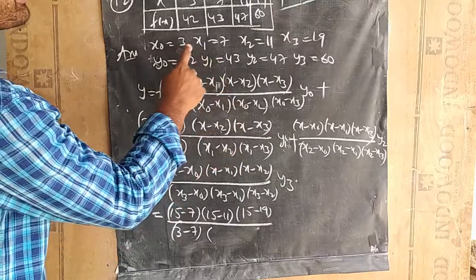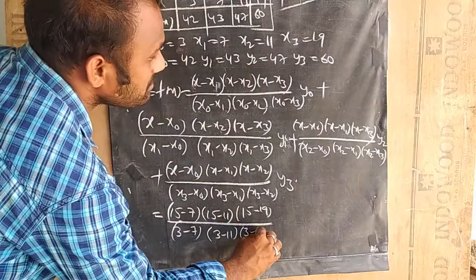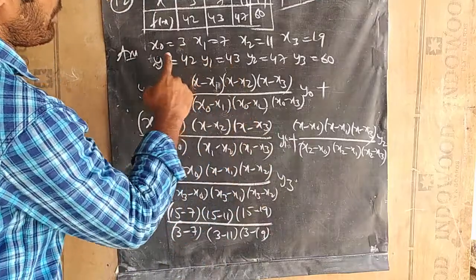Next x0 minus x2, 3 minus 11. Next 3 minus 19, into y0. y0 value is 42.